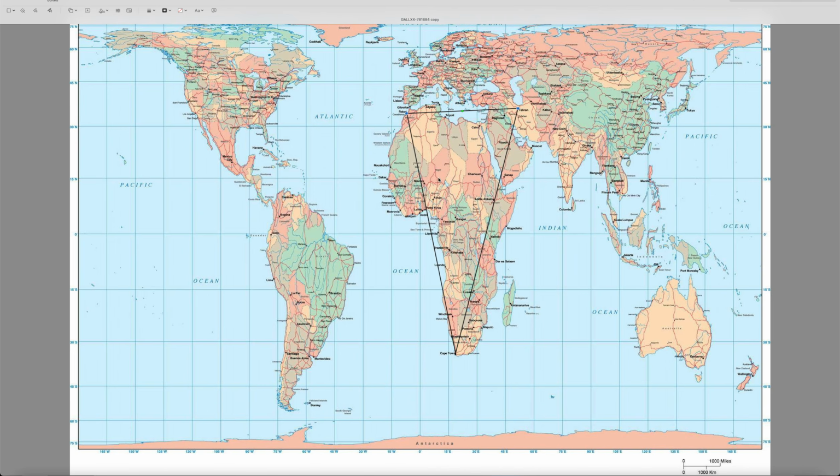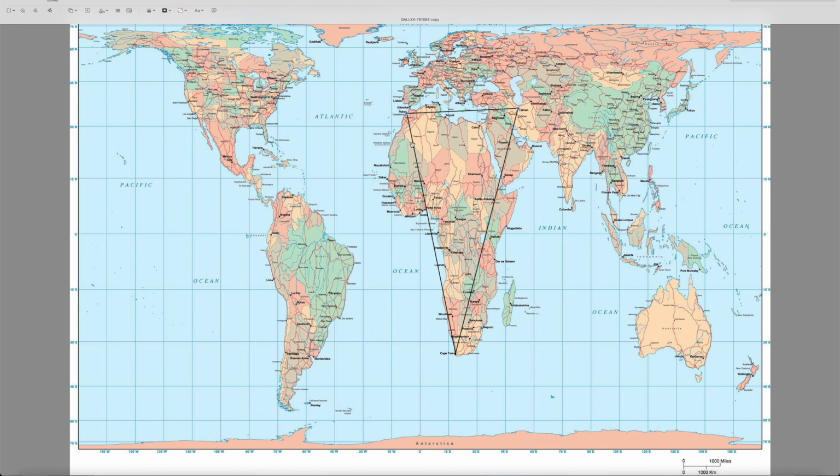So as you can see there, how massive Africa is. Regardless of how big the United States or Australia is, they pale in comparison to the size of Africa. It's absolutely huge. And Russia, of course, up here is massive too.